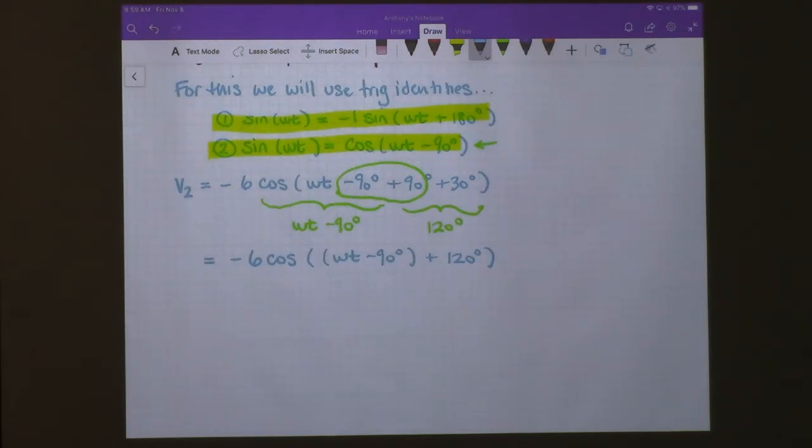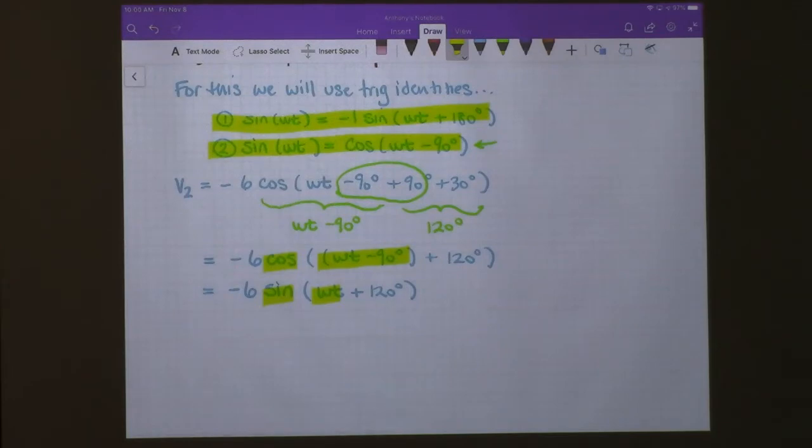Now, if I want to turn this into a sine function, all I have to do is apply that identity there, which means that we'll have -6 sine of omega t plus 120 degrees. Right? I replaced the omega t minus 90 with an omega t, and I replaced the cosine with a sine.